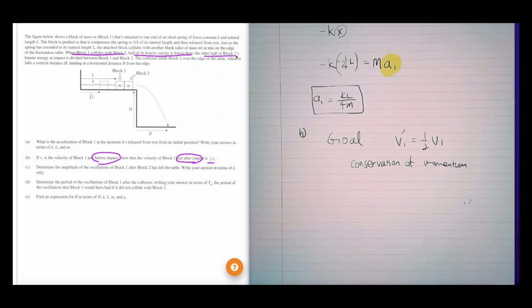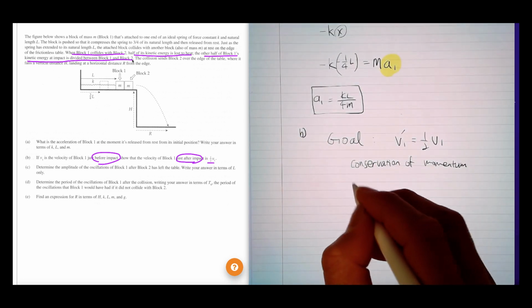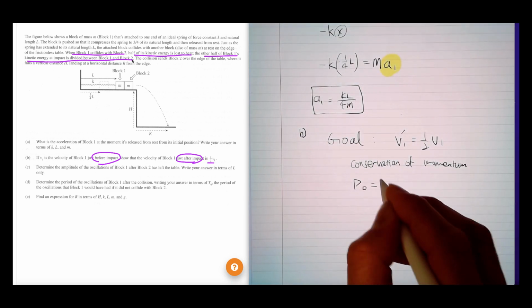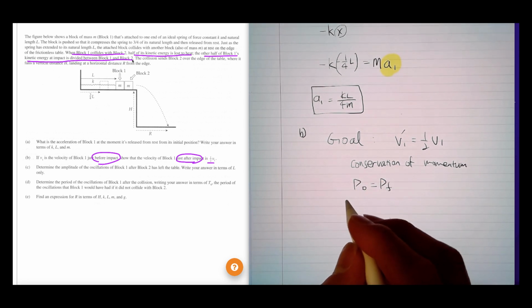The other half of block 1's kinetic energy is divided between block 1 and block 2. So we're going to need two equations that correspond to those directions. Starting with momentum, P initial and P final should be equal. That's what the conservation of momentum is.